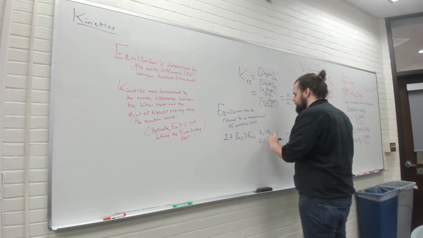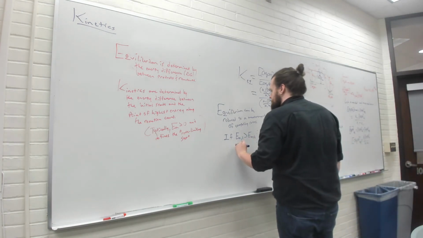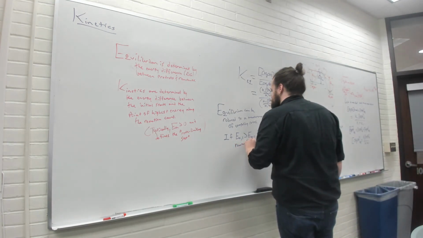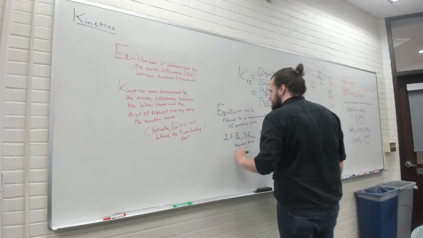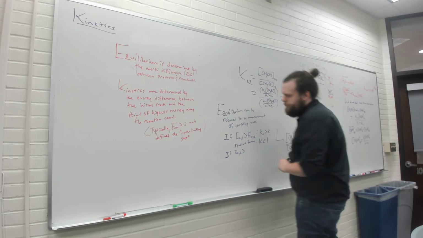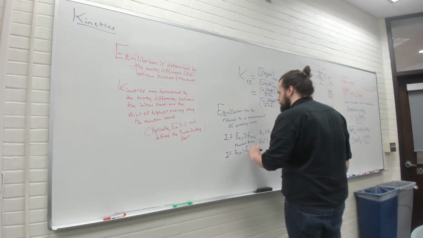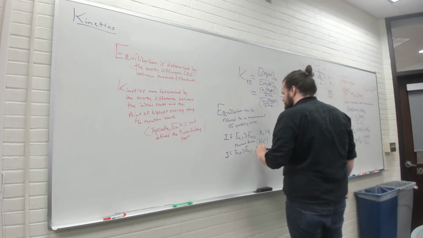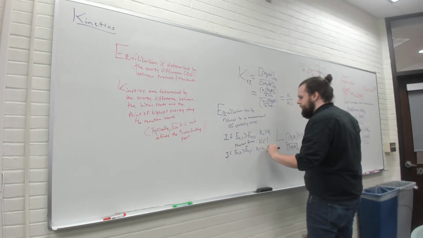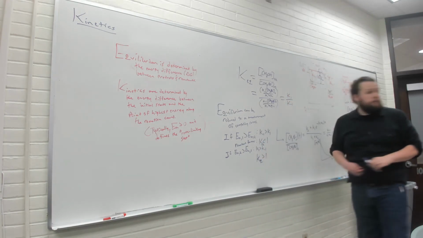It's reactant favored. Meanwhile, if EA2, the reverse barrier, is larger than the forward barrier, which is the case here, the forward rate is faster than the reverse rate. And so KEQ, the equilibrium constant, is greater than 1.